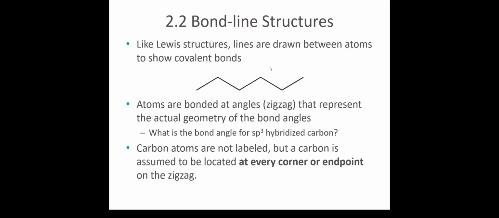How many carbons total does this structure represent? 6. Right? 6. Yeah. So an endpoint is a carbon, and any point where 2 lines meet is a carbon. And then the lines stand for the covalent bonds, the bonds in between them.